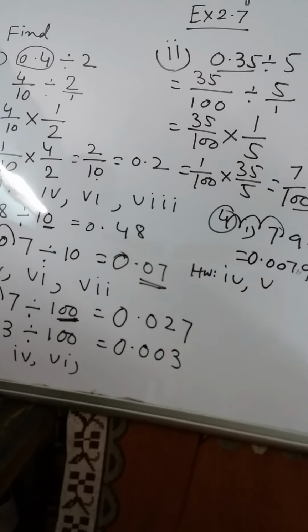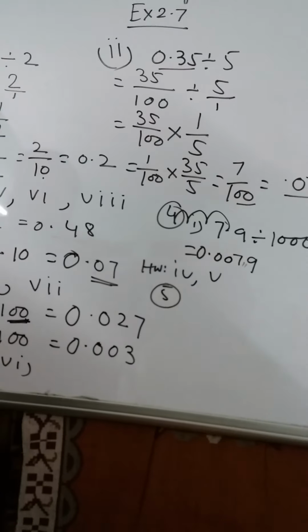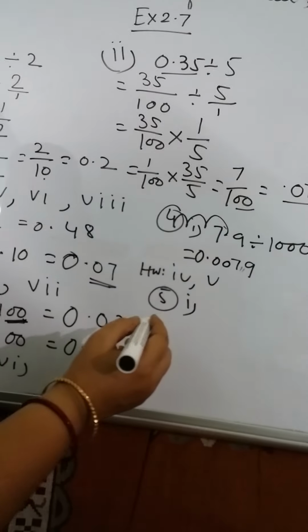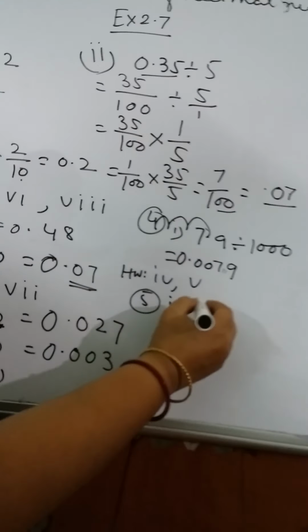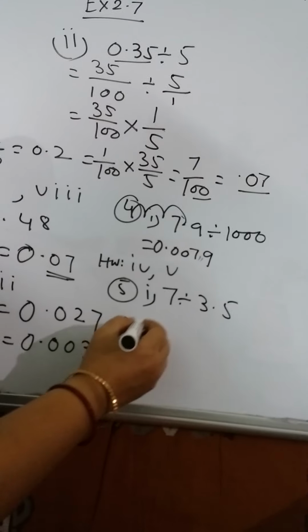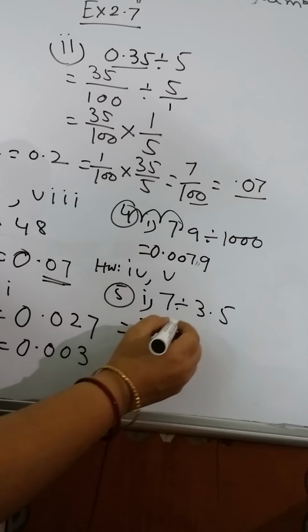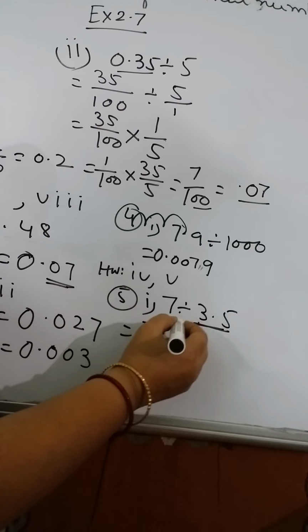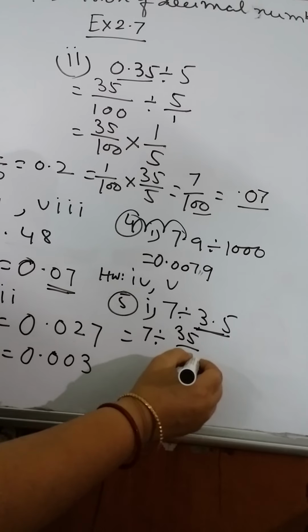Next, question number 5. You have to divide 7 by 3.5. So 7 divided by, you have to convert it in fractional form. So 35 by 10.